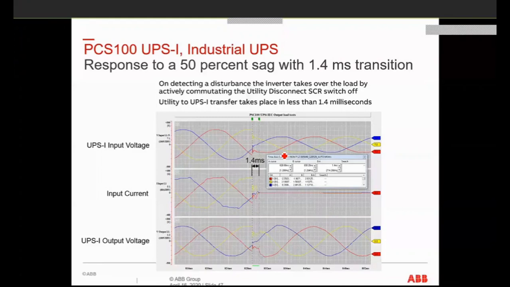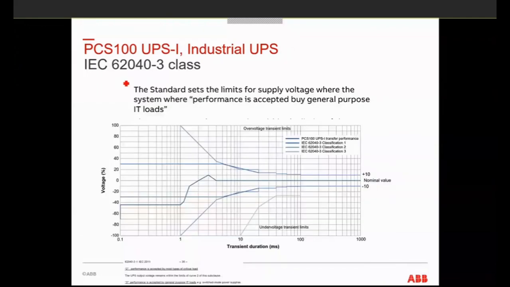And if we look at the IEC standard, this is classification 1. For classification 1, it means that if you have 0 voltage remaining, you need to supply the voltage within this region.